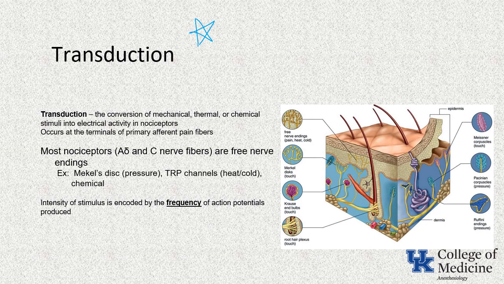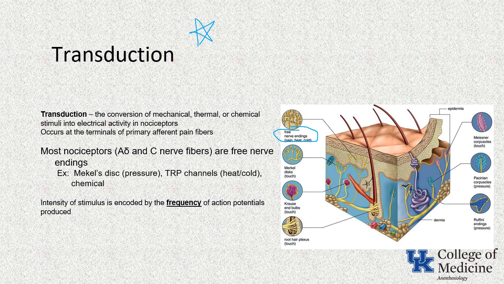Most nociceptors in the human body are free nerve endings that respond to pain and temperature changes. Some receptors respond to deep pressure or tissue injury or chemical irritation.